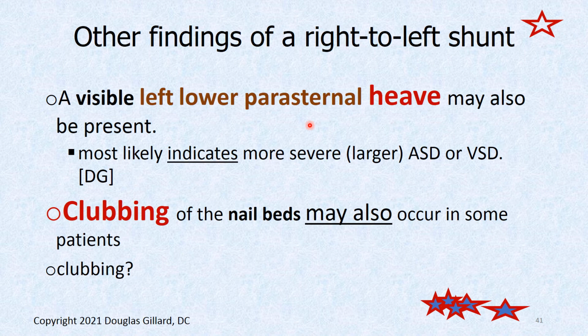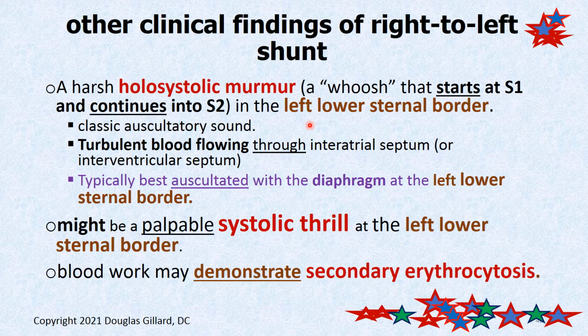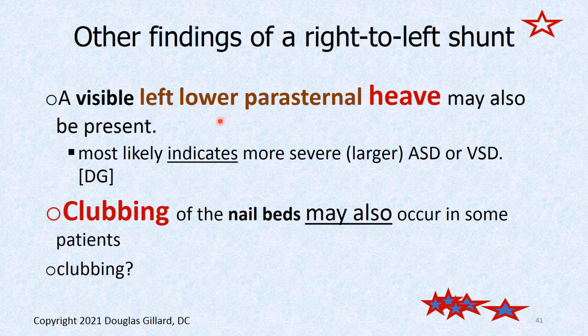And maybe even a step further, you can palpate. So not only can you auscultate a holosystolic murmur and palpate a cat purring, a systolic thrill, you could look with your eyes and even see a heave. You can see the left lower sternal border heaving during systole. And those are all signs that blood is pathologically going from the right to the left.